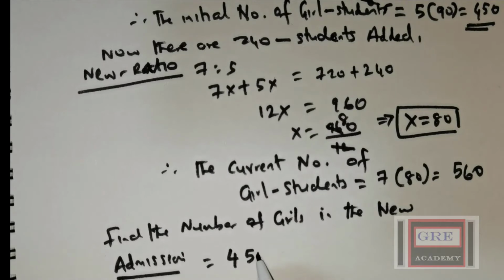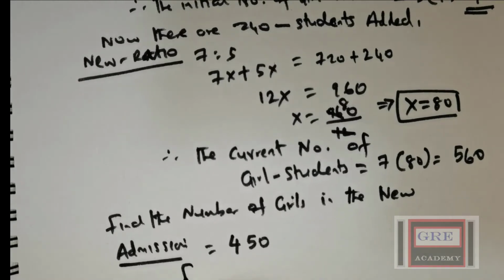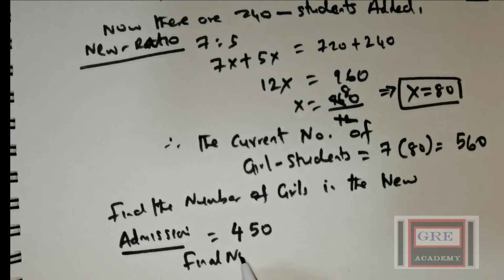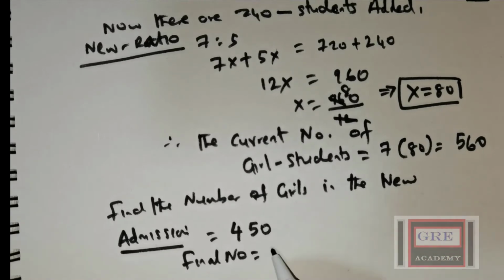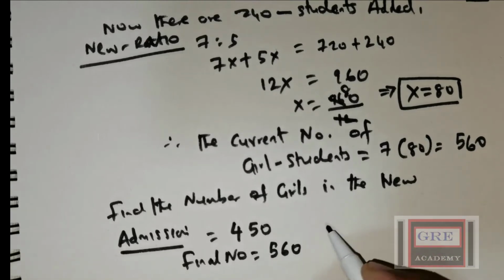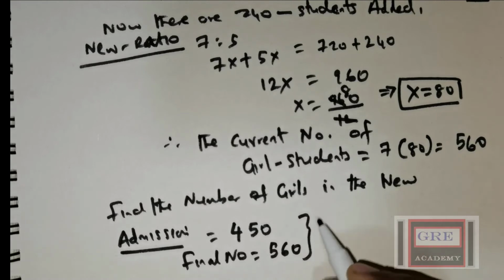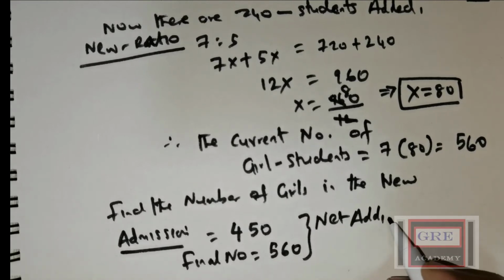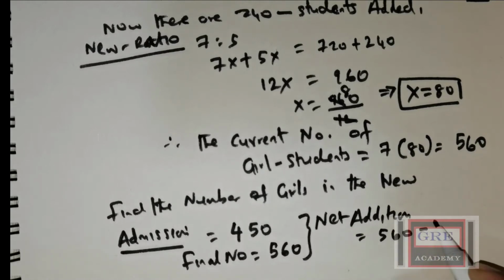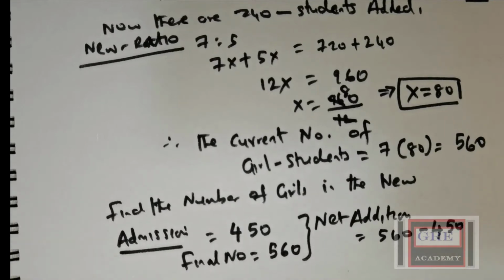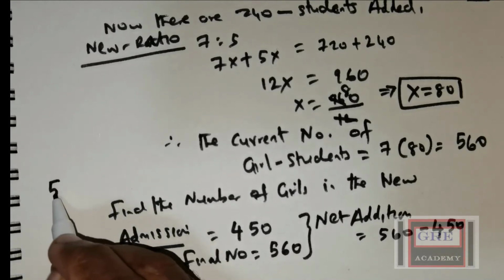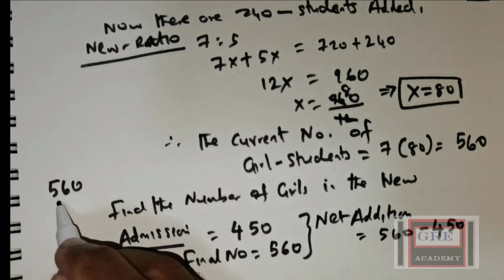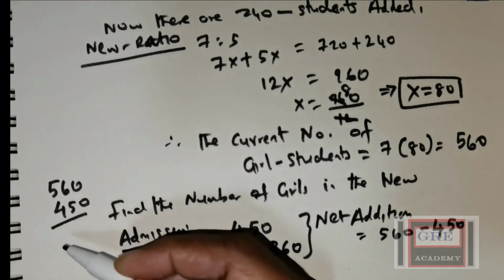Okay, this was the initial number. Now the final number of girls was found to be 560. So therefore the net addition would be 560 minus 450. So that would give you the total number of girls who are new students, right?